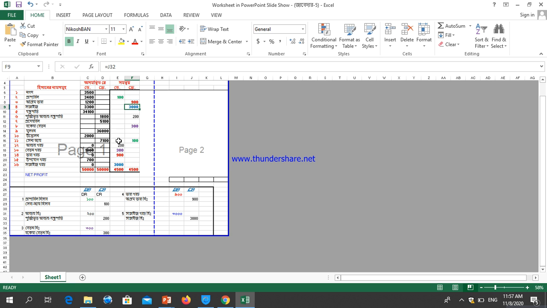And from here we have to prepare the adjusted trial balance, income statement and balance sheet. It is mentionable that from here, on the basis of the matching principle, we have to extract the revenue and expenses items.